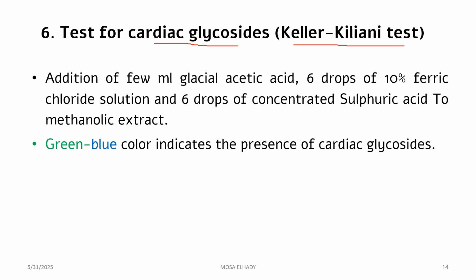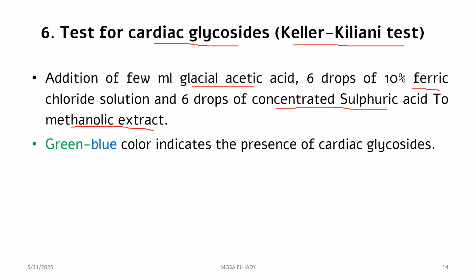For preparation of plants for the cardiac glycoside test, we use methanol as solvent for extraction. After extraction, we add glacial acetic acid and 10% ferric chloride, besides 6 drops of sulfuric acid.